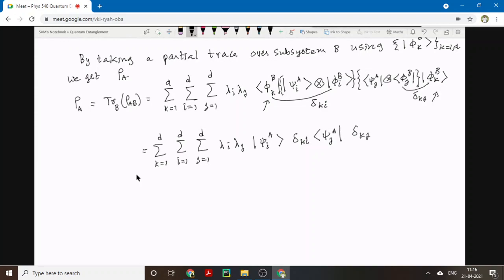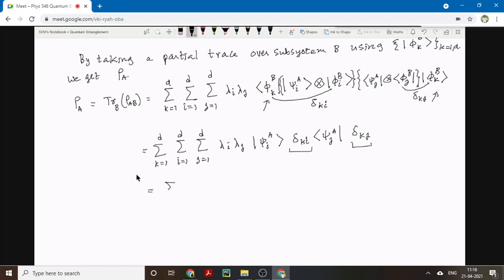Now, if you look at this, the Kronecker delta is non-zero only if I is equal to K, and this is non-zero only if J is equal to K. That means by putting I is equal to K and J is equal to K, these two summations will go away.